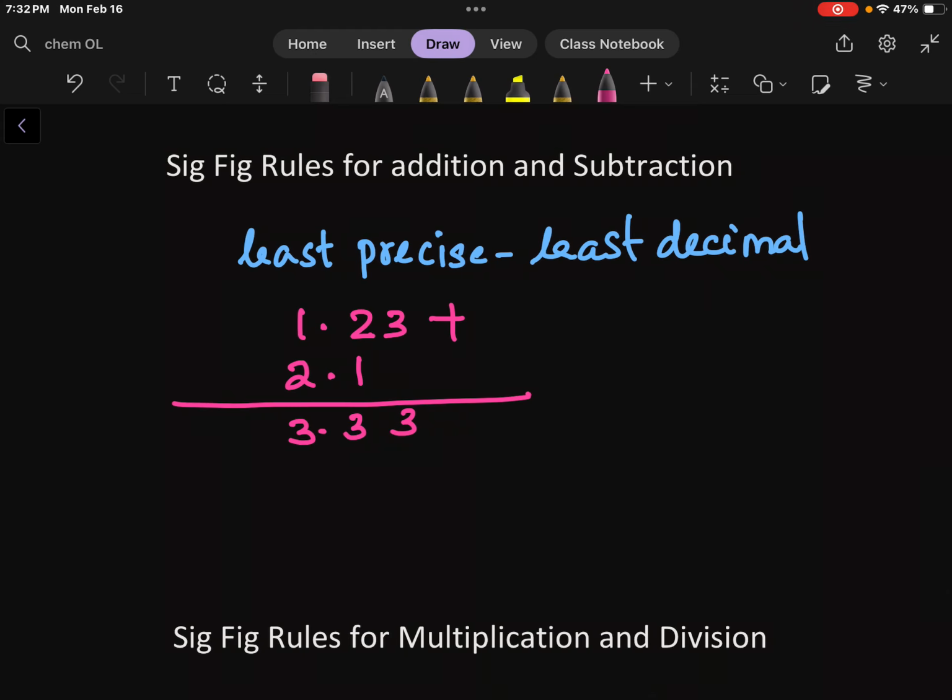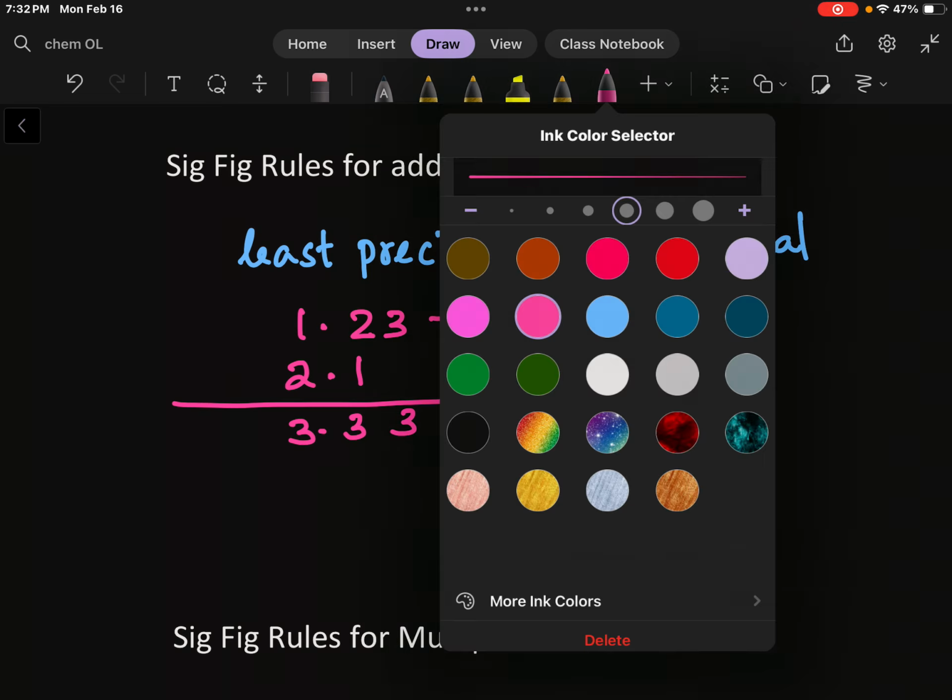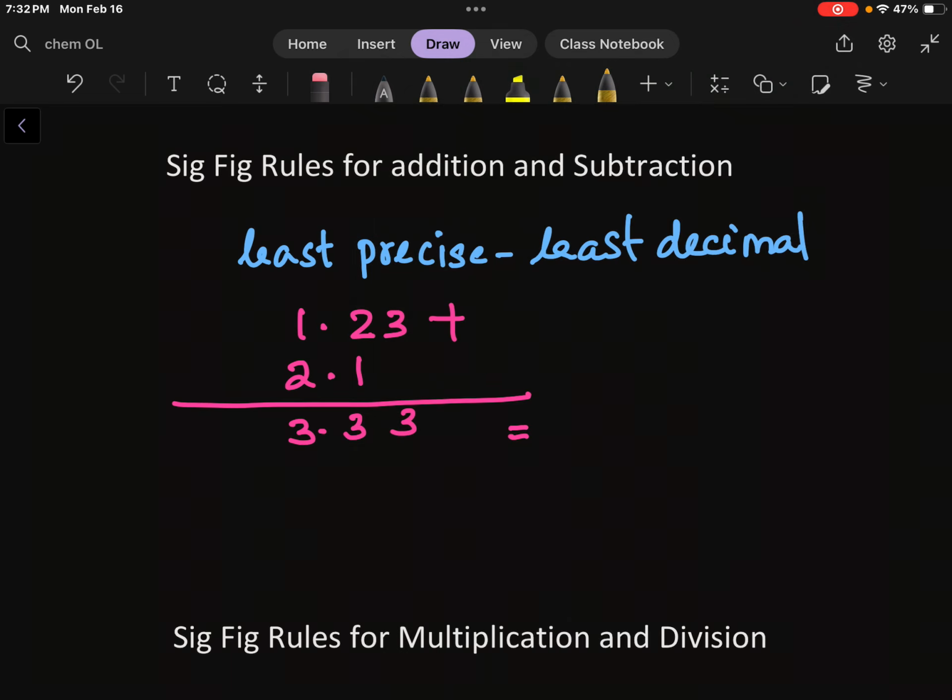Now you got 3.33, and your answer needs to be rounded. Since this is the lowest place value, you have to round your answer here. This number we are going to eliminate because it is below 5, so we don't need to round up. The final answer is 3.3.